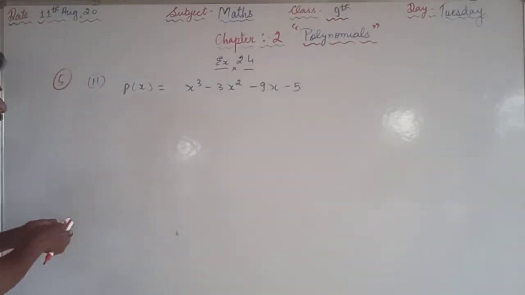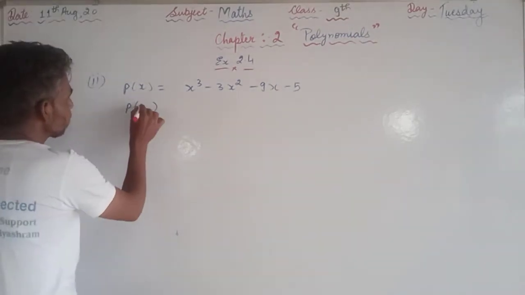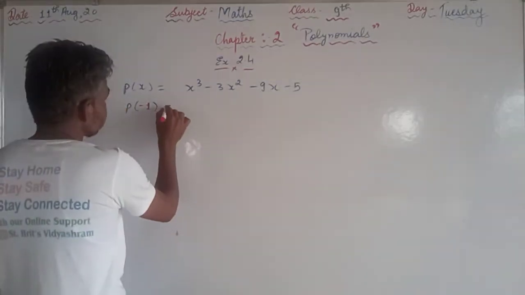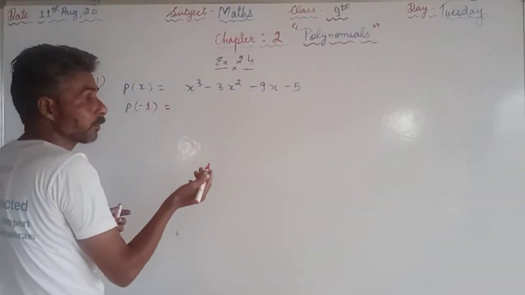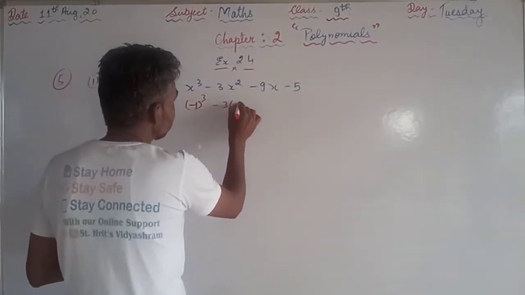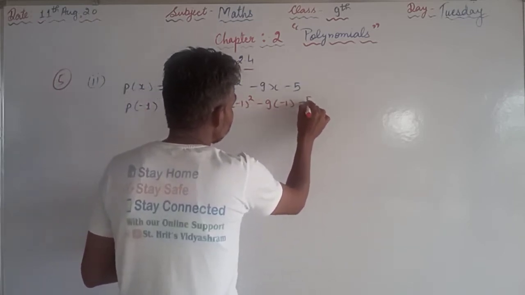So here we will try p of minus 1. P of minus 1 means we will substitute x by minus 1: minus 1 cube minus 3 into minus 1 square minus 9 into minus 1 minus 5.